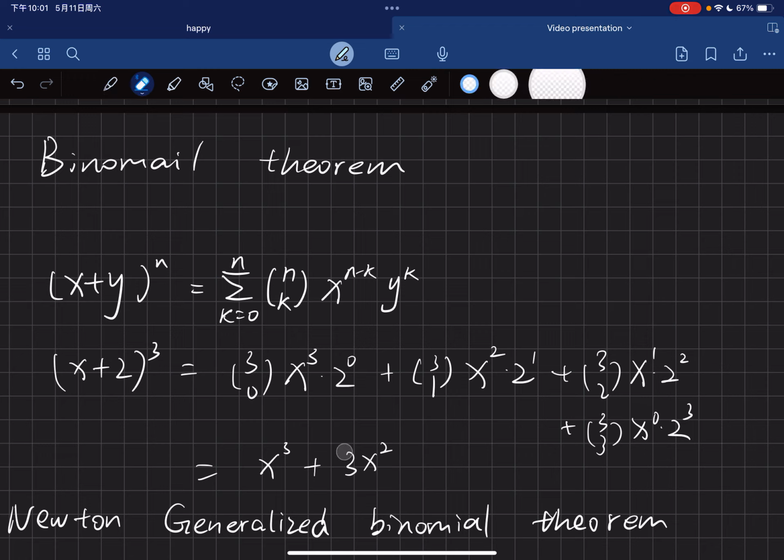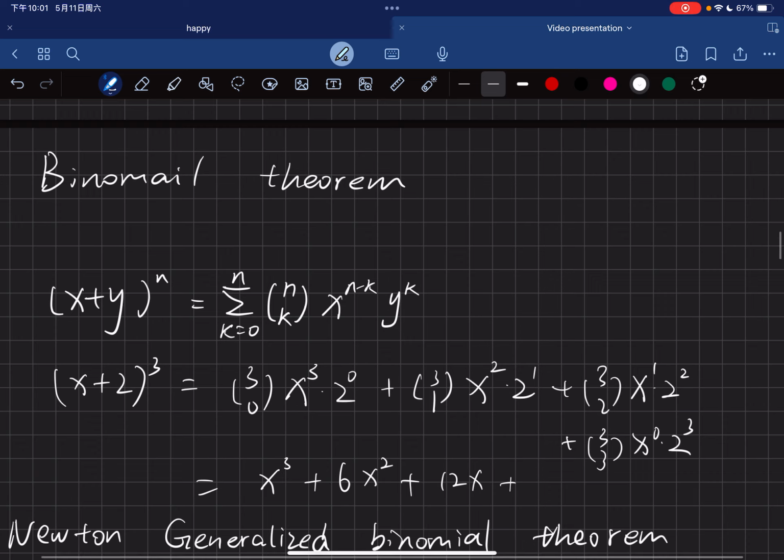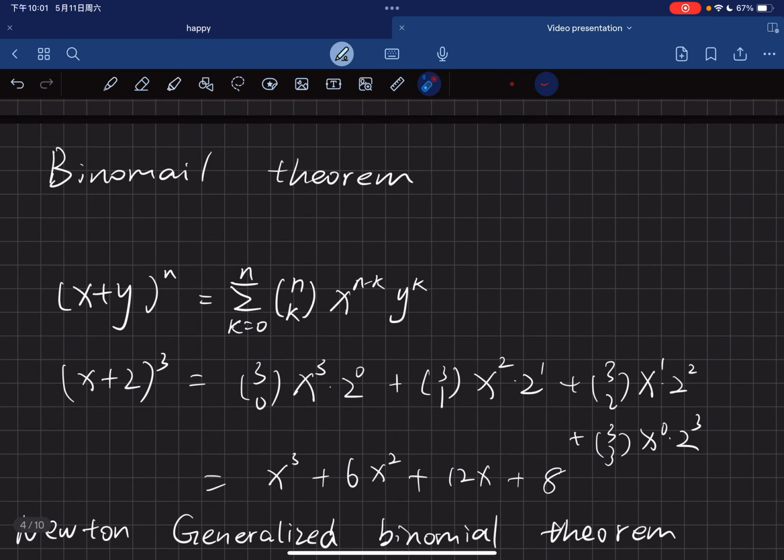So this is 6 times x squared, plus 3 times x times 2 squared, which is 4, so 12 times x, and the last term is 8, right? So we can easily get this equation.